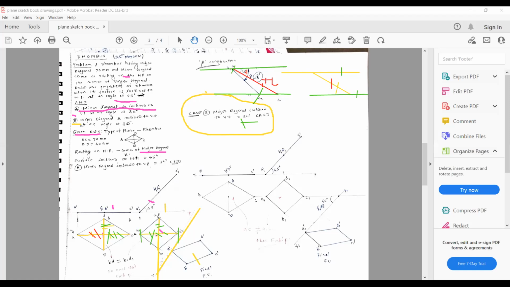Okay, then you can join this line. Sorry, I will make it with a straight line. Okay, join this line with the point which you have got here. Okay, and then take a measurement of the angle.